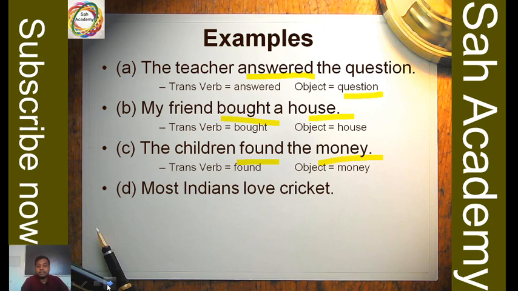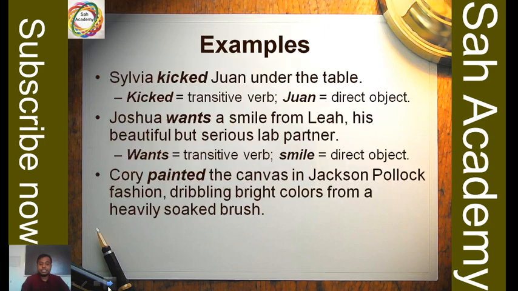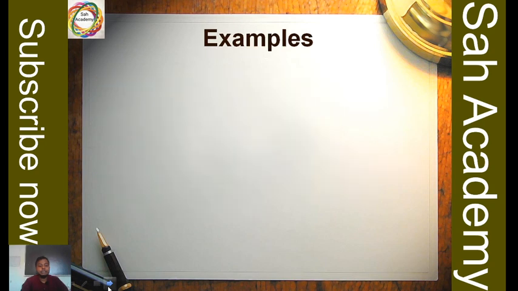Clear? The next: Corey painted the canvas in Jackson Pollock fashion, dribbling bright colors from a heavily soaked brush. In this, the verb is painted and the direct object is canvas. Now the next: Alicia wrote a love poem on a restaurant napkin.